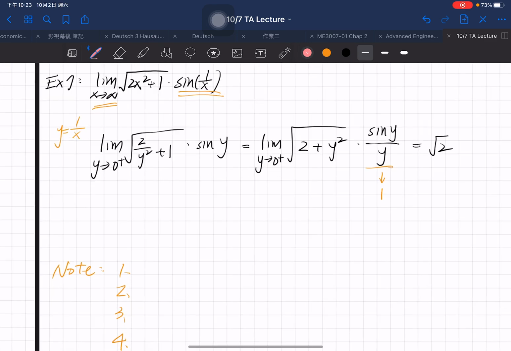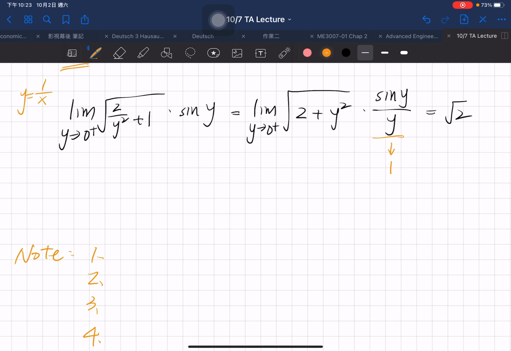Okay, so the last is the notes on doing limits. When you're doing limits, there are 4 points you can notice.